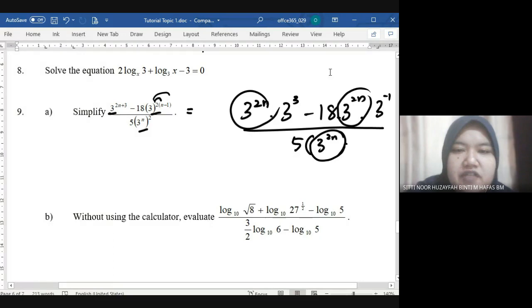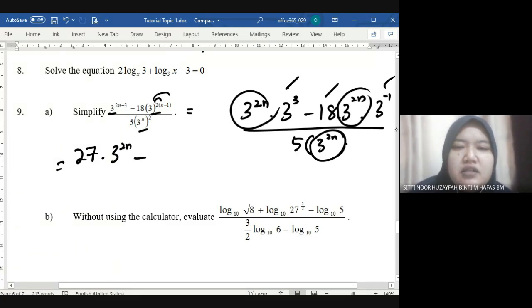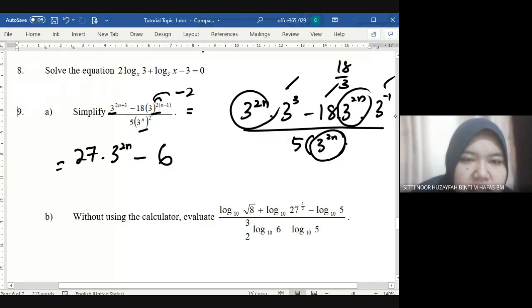the coefficient, this one that has the value here, we can simplify. What do we get? This is 27 of 3 to the power of 2n minus 18 divided by 3 is equal to 6, right? This one 18 divided by 3. Not 3 lah. Expand here, it should be -2, right? 2n minus 2.